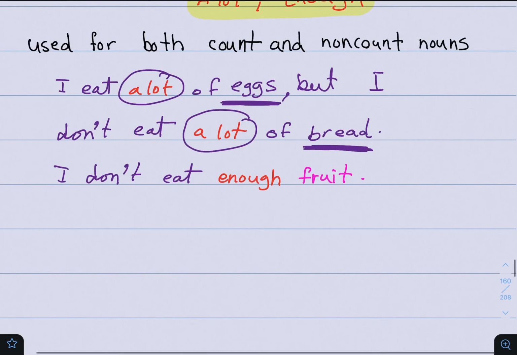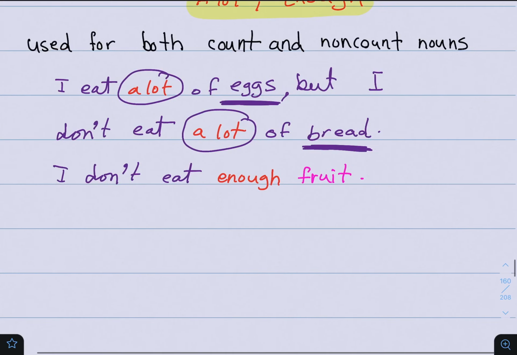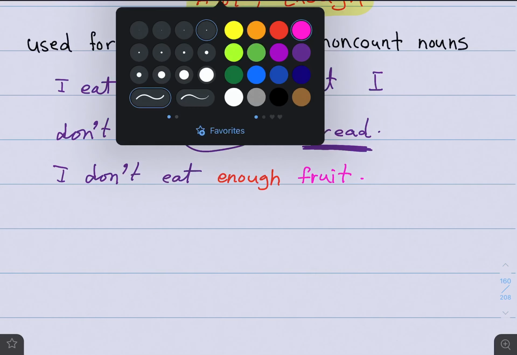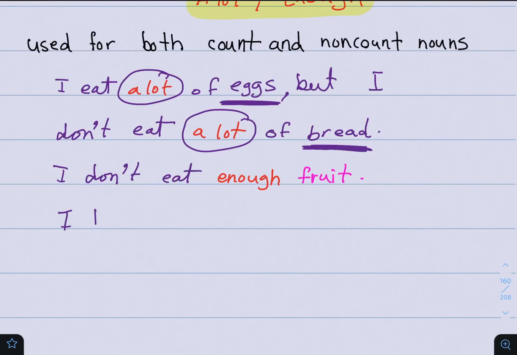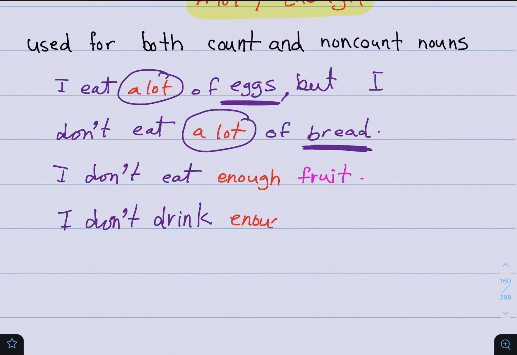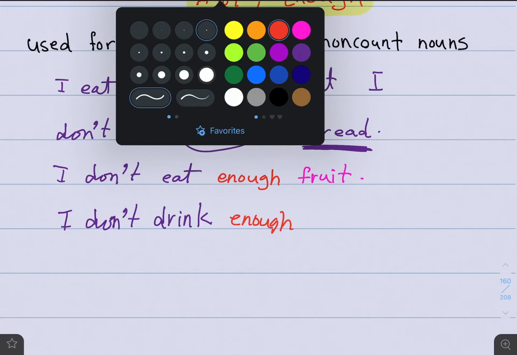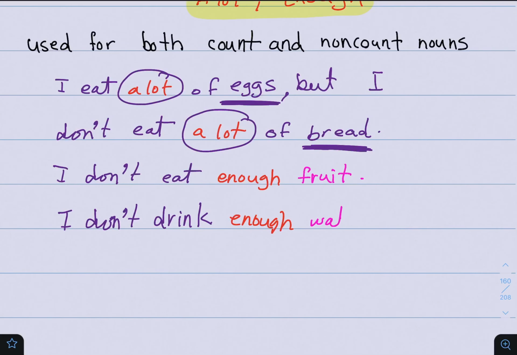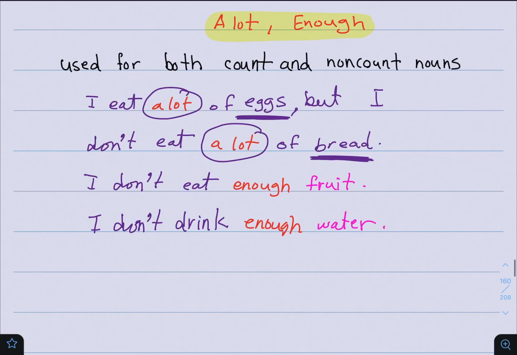And you can say as well, I do not drink enough water. طبعا water, whatever, however you pronounce this word. So as I said previously, a lot and enough are used with both count and non-count nouns.